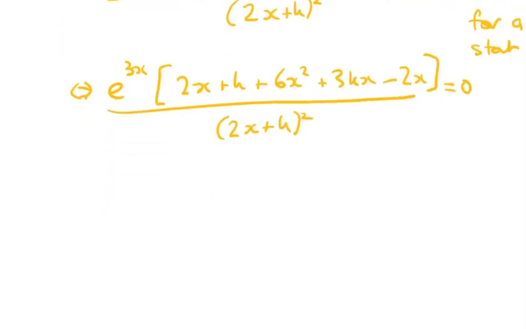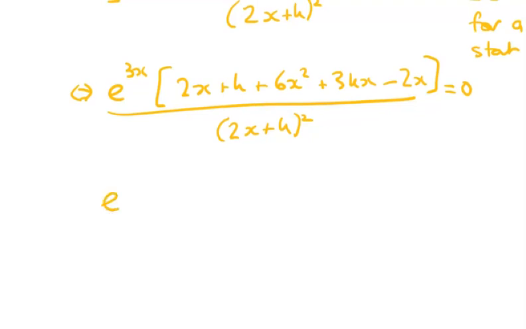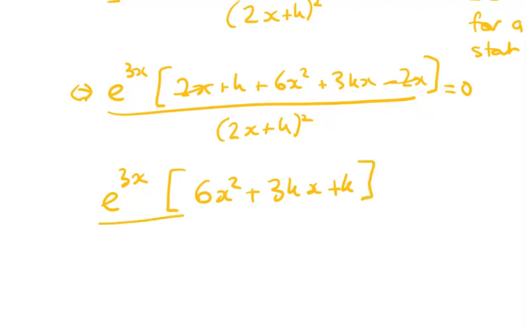We get that equals 0. Now I'm going to clean up the numerator. We've got 2x take away 2x, so we've got a little quadratic here, 6x squared plus 3kx plus k. I feel like I've lost something. What have I lost? Oh yeah, no, that's right. Okay, cool.